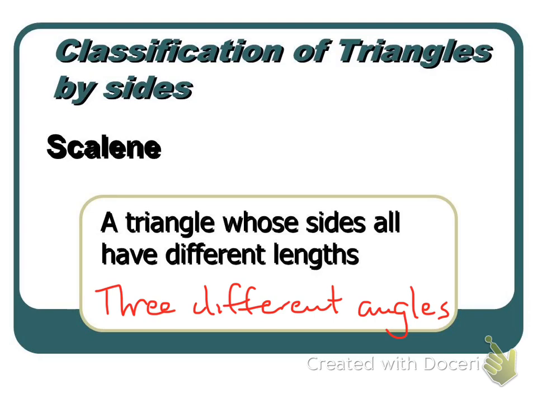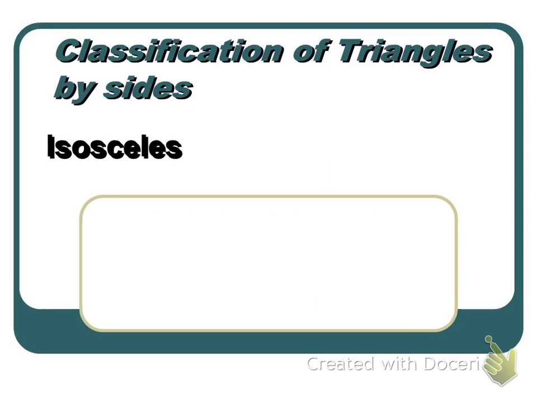All right. The second classification is what? You said it earlier. Isosceles, right? An isosceles triangle, and this definition is a little tricky, and there's some kind of disagreement in mathematics about what this definition should be.